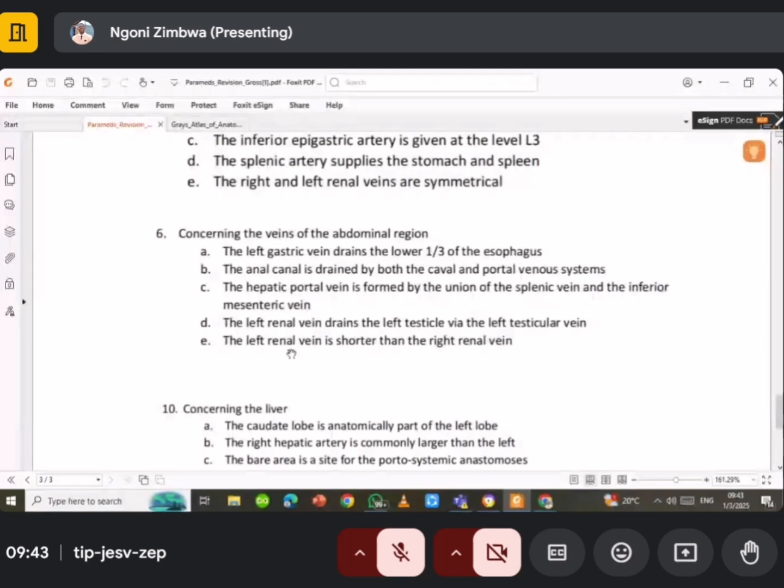Good. Right. Then D, the left renal vein drains the left testicle via the left testicular vein. What do you think?